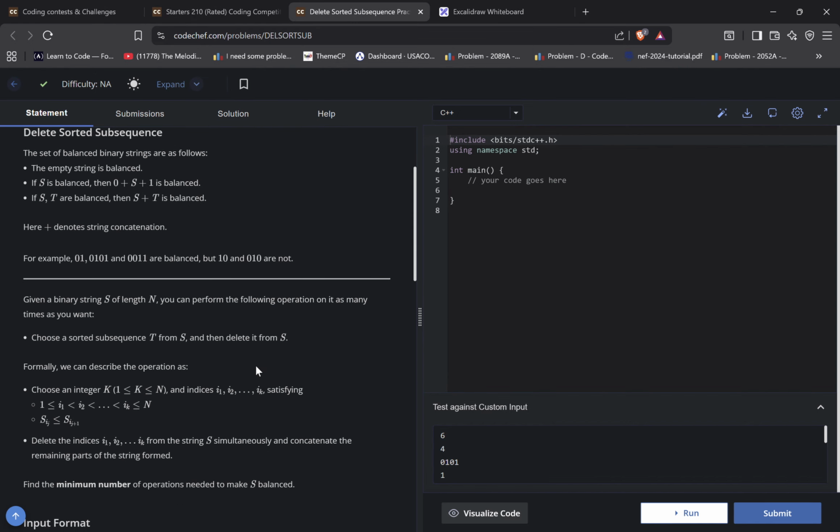Now, in the question, we are asked to find the minimum number of operations to make S balanced, and we can remove the elements as a subsequence. Subsequence means the exact order does not matter, but we have to go from 0 to n.